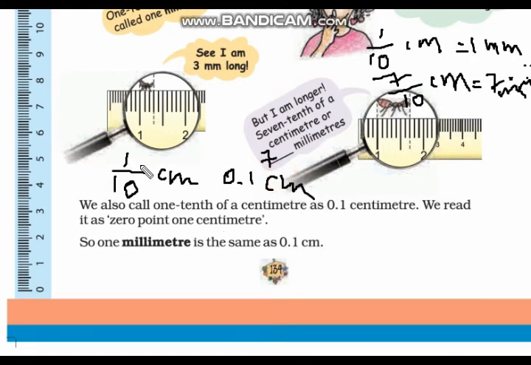Here if we divide 1 by 10 we will get 0.1, or here in denominator there is 1 0. So we can write one digit after the decimal point.